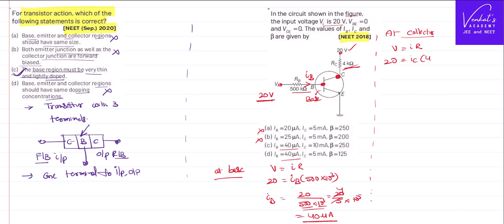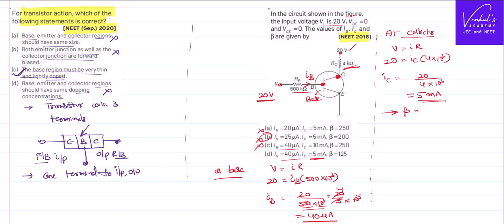Resistance is given as 4 kilo ohms, that is 4 into 10 power 3. So I collector is 20 by 4 into 10 power 3, that is 5 into 10 power minus 3, that is 5 milliamperes. Of course, the only option available with that is 5 milliamperes, because the other was already wrong. So this is automatically a wrong answer. C also, D is an answer, but we can work it out with the other things also.